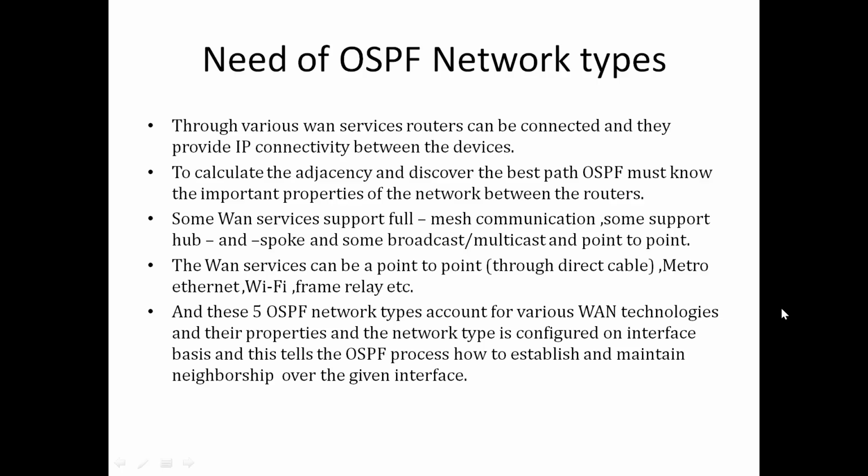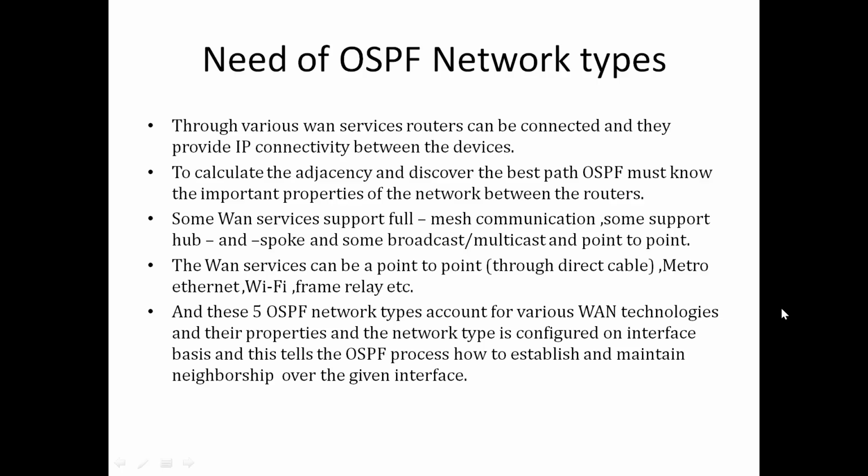To see what's the need of OSPF network types, through various WAN services, routers can be connected and they provide IP connectivity between the devices. To calculate the adjacency and discover the best path, OSPF must know the important properties of the network between the routers. Some WAN services support full mesh communication, some support hub and spoke, and some broadcast, multicast, and point-to-point.